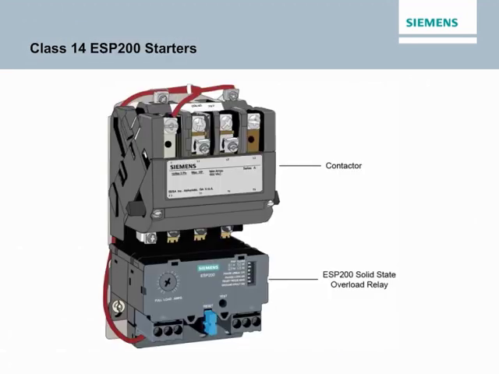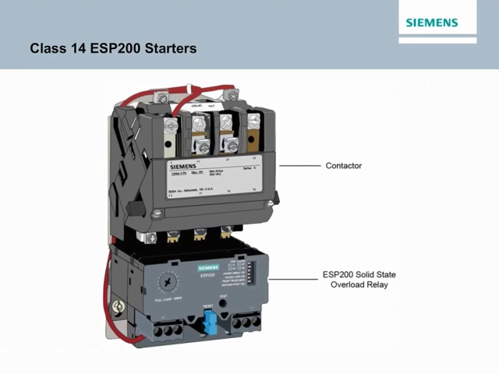Class 14 ESP200 starters use the same contactors as Class 14 NEMA starters equipped with thermal overload relays for NEMA sizes 00 through 4, but are supplied with an ESP200 electronic overload relay. In addition, these starters are available with contactors up to and including NEMA size 8. The ESP200 overload relay provides users with the specific level of protection they desire.